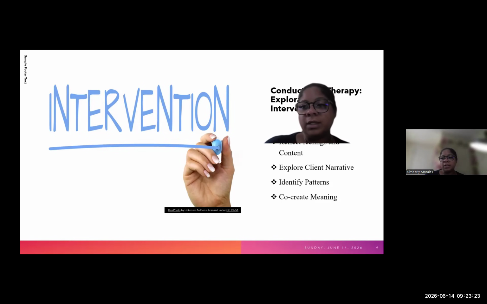This fourth stage is intervention and problem solving. This is where therapeutic techniques are applied. Shan 2018 described interventions such as reflecting feelings, exploring patterns, and teaching coping skills.